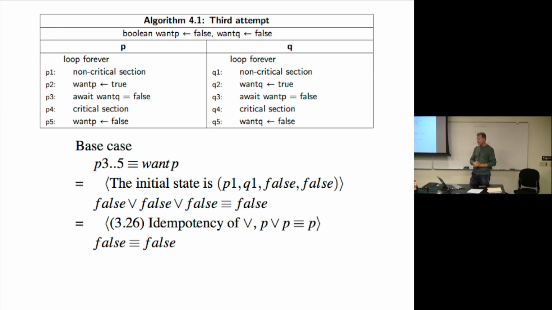Oh, I said 3.5, sorry, I had it the other way around. But either one would work, right? Either way, we get it to true. So everybody see that that's how we do the base case.